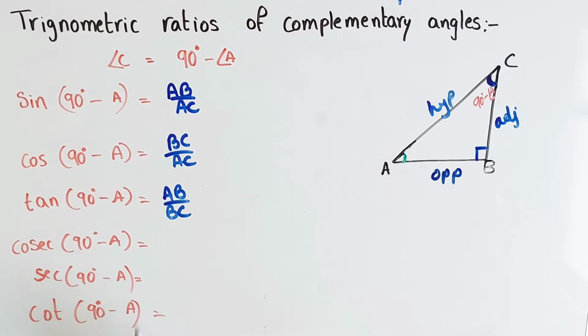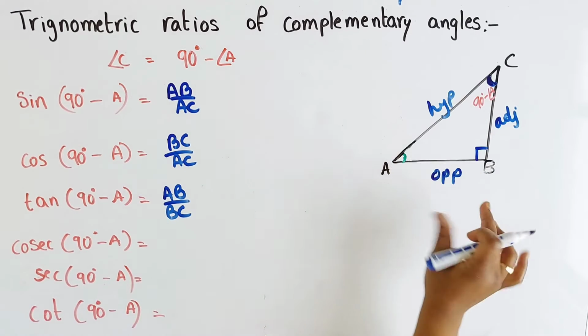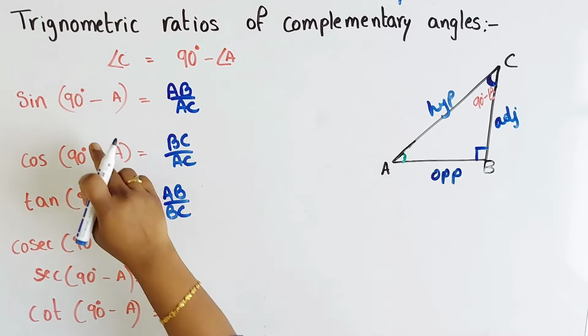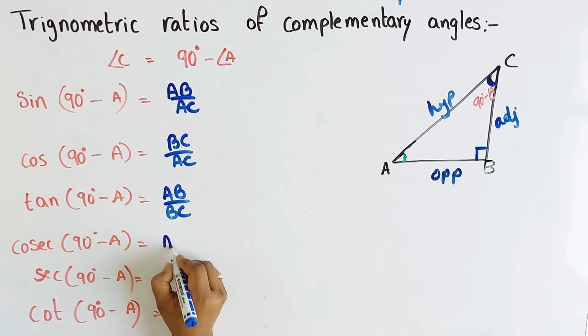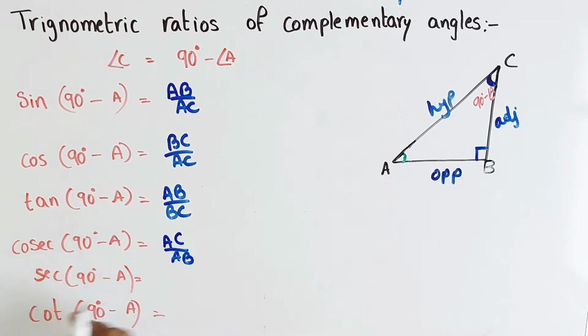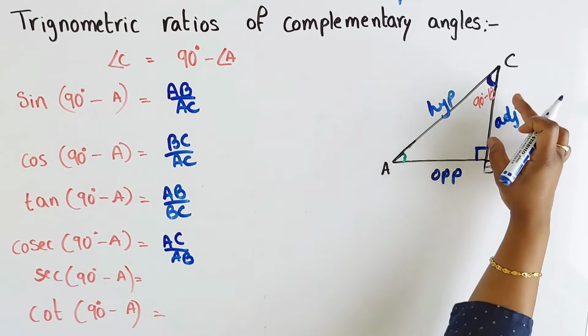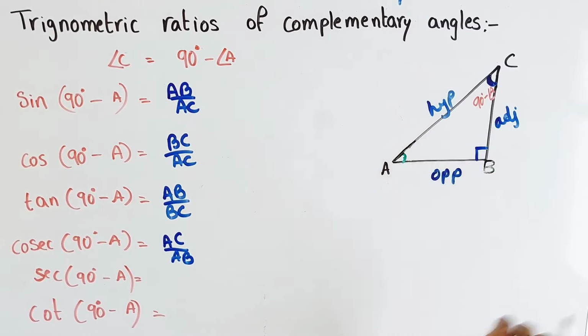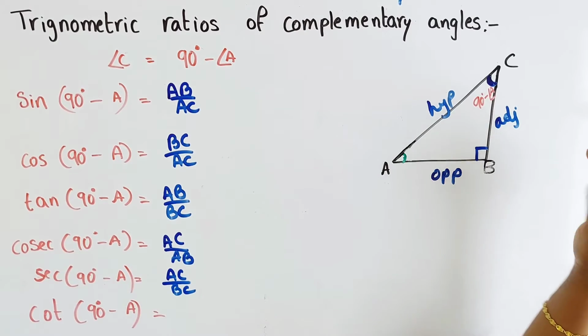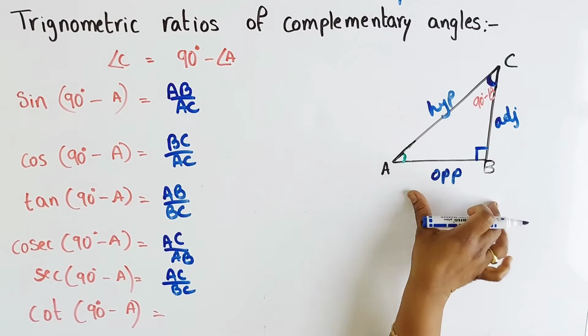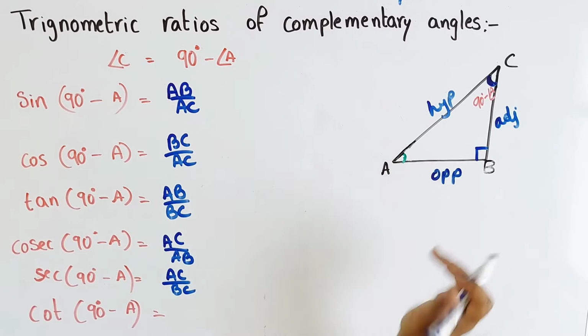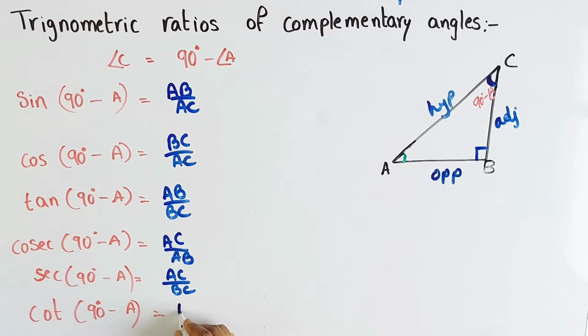Now cosecant 90 minus A equal to hypotenuse by opposite side, that is reciprocal of sine. Correct children? AC by AB. Now secant 90 minus A equal to hypotenuse by adjacent, that is AC by BC. Now cot 90 minus A equal to adjacent by opposite side, BC by AB, reciprocal to tan. Right children?